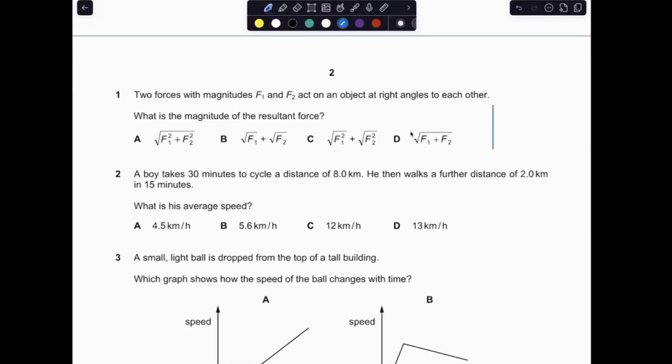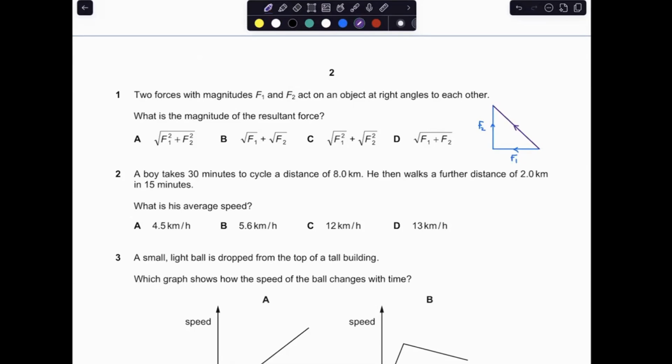You're probably familiar with the triangle rule. If you have two forces, F1 and F2, that are both at right angles, then we know that the third side will give you the resultant. Using Pythagoras, we can find the resultant.